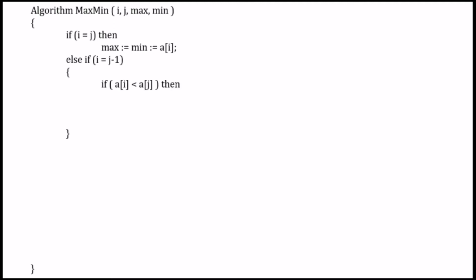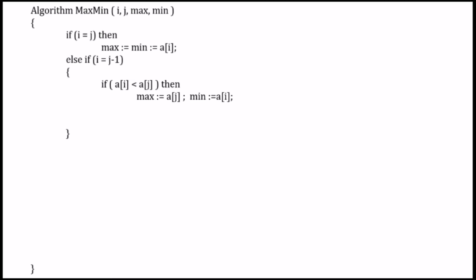So if a of i is less than a of j, that means the first element is less than the second element, so the first element will be the minimum and the second element will be the maximum. That is, max equal to a of j and min equal to a of i.